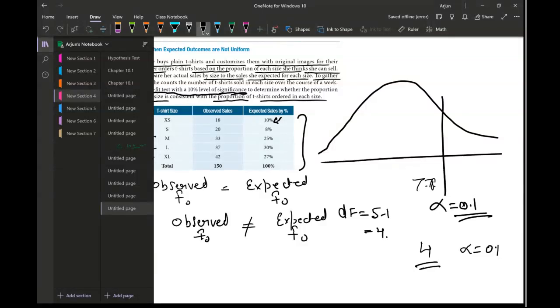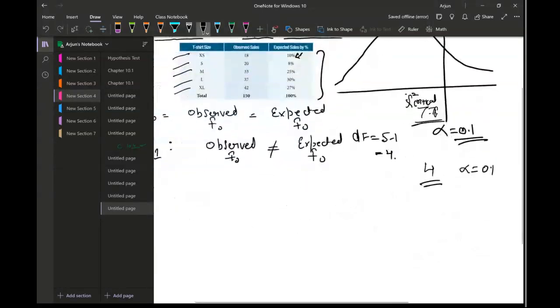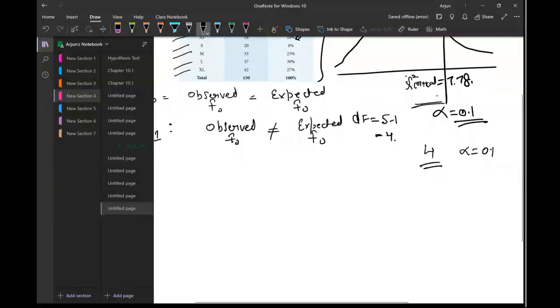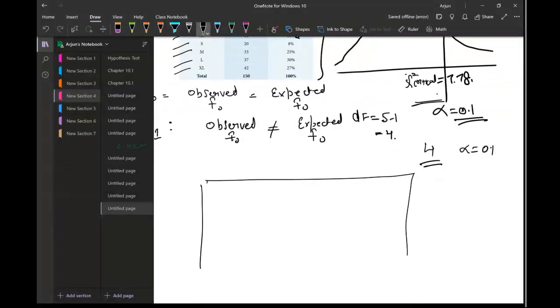This is the value you're going to get for chi-square critical. That is the critical value, 7.78. Now, let me write it: chi-square critical equal to 7.78. Now you're going to do the chi-square test.